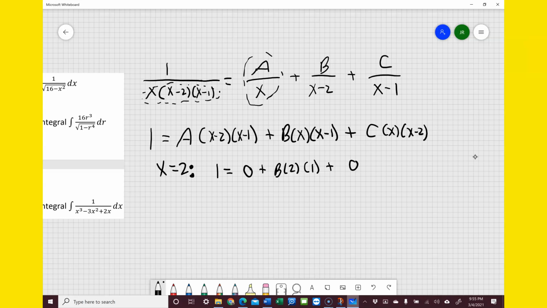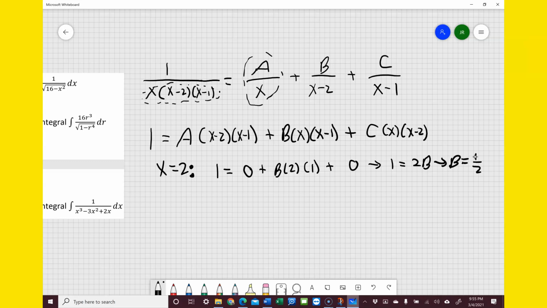So then 1 equals 2B, so B equals what? A half. We found B. B is a half.